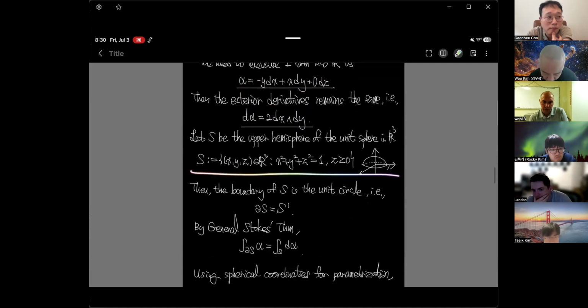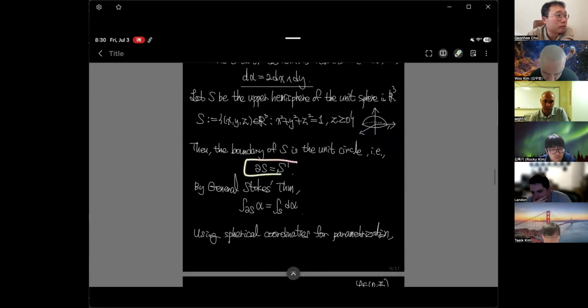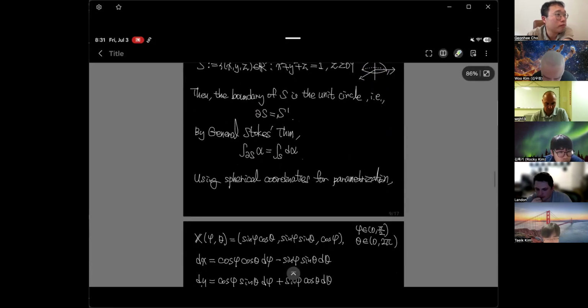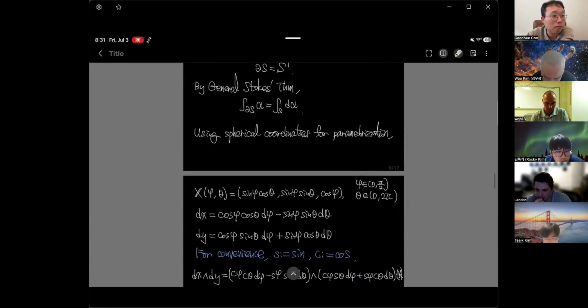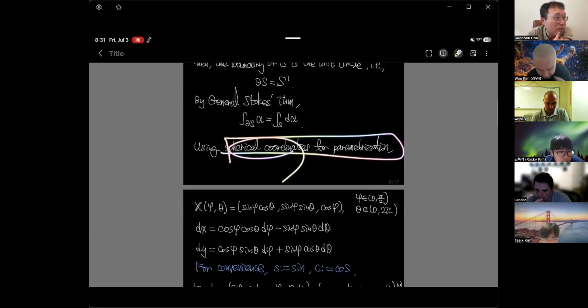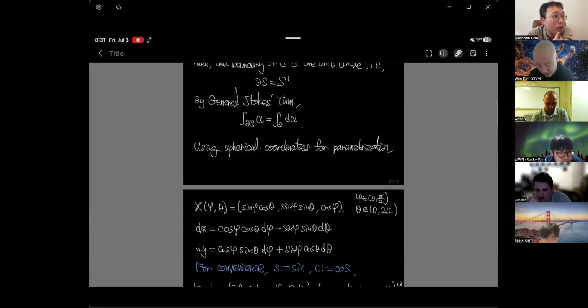In the same setting, the boundary of S is S1, which means the unit circle. Using the generalized Stokes theorem, at this point I'm going to use spherical coordinates for parameterization.